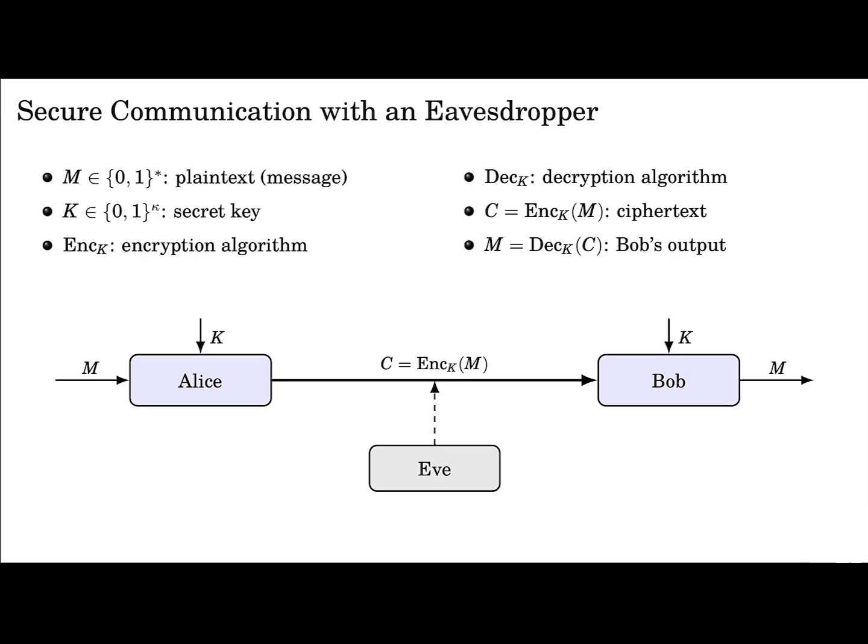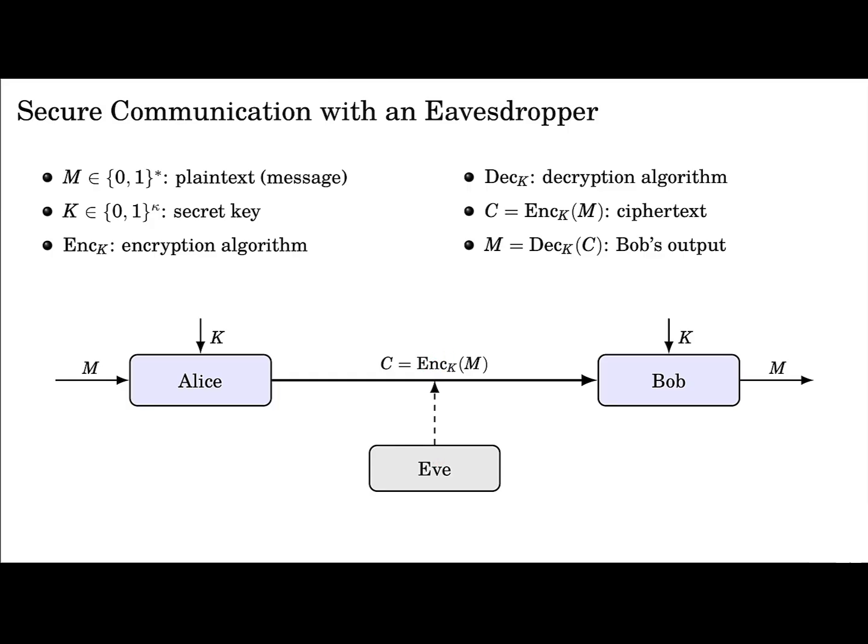And then the idea is that, having the plain text and the key, there's an encryption algorithm that depends on the key, so you are able to encrypt the message or the plain text with this key, and you get a ciphertext, and that's what you transmit through the channel. And the goal is that Bob, with the key, is able to decrypt this, but for Eve, it should be very hard to do so because she doesn't know the key, right?